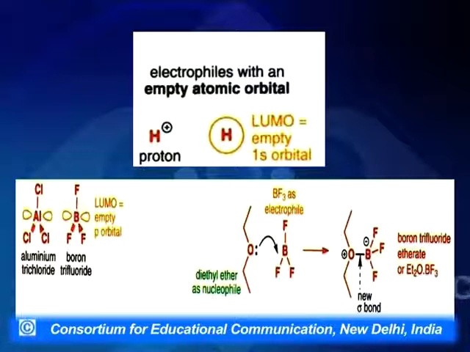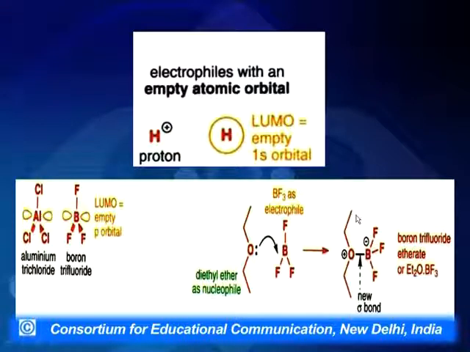Here again are some more examples of electrophiles and nucleophiles. What we find here is that in ether, the lone pair of electrons on oxygen are acting as a nucleophile and they are going and reacting with boron, which is an electron deficient site in boron trifluoride, and we get a bond formation, a new sigma bond formation here between oxygen and boron.